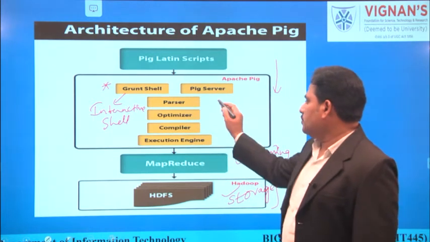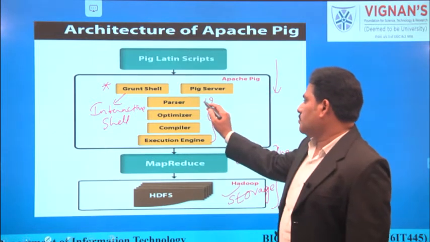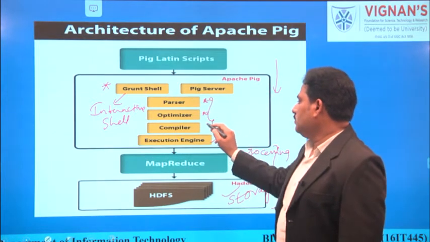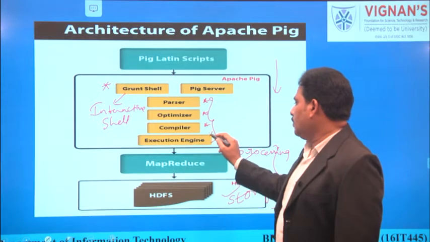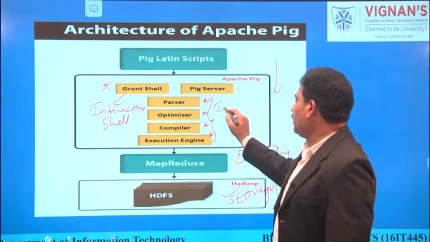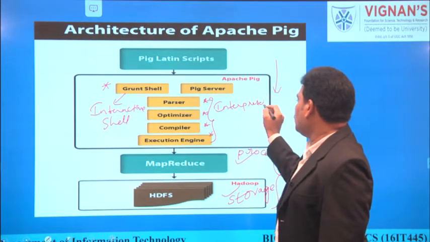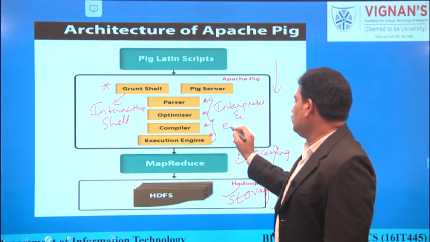To compile and execute programs, we use modules called the parser, optimizer, compiler and execution engine. All these collectively we can call the interpreter and execution module.